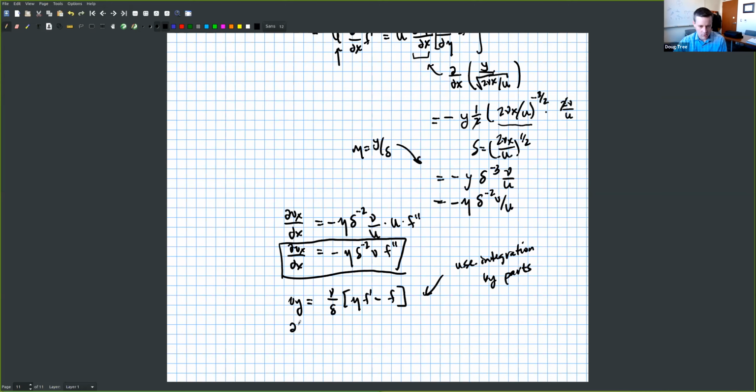So dvx dy is equal to u f double prime divided by delta. And then the second derivative of vx with respect to y squared is equal to u over delta squared f double prime. Okay, so those are the remaining pieces when you do the combination of variables.